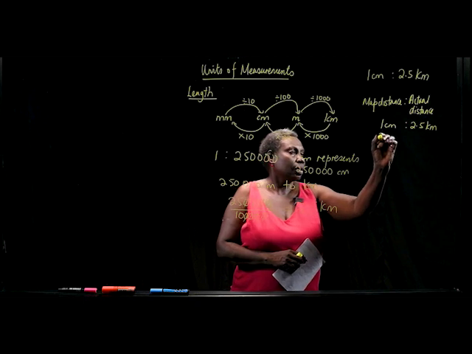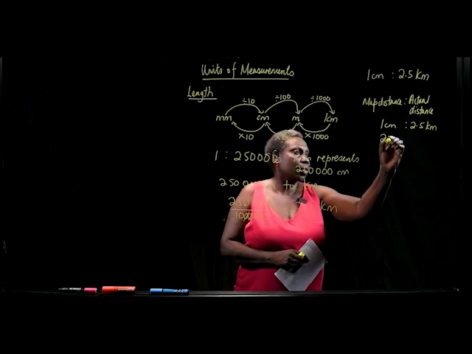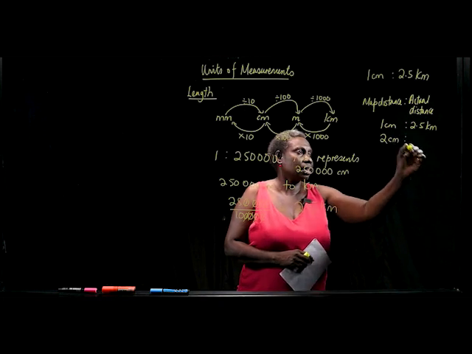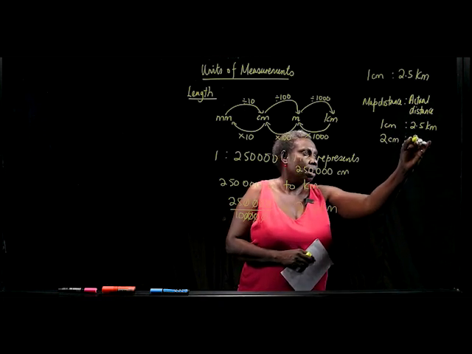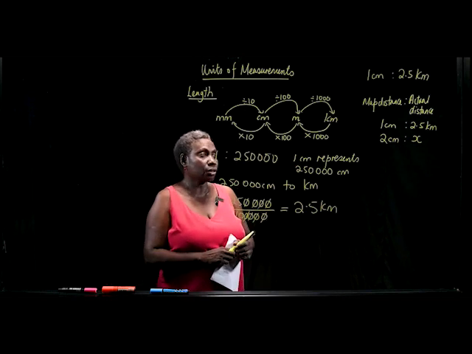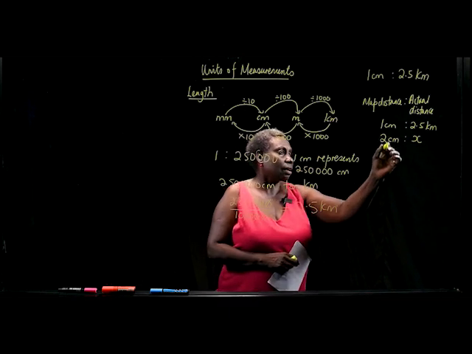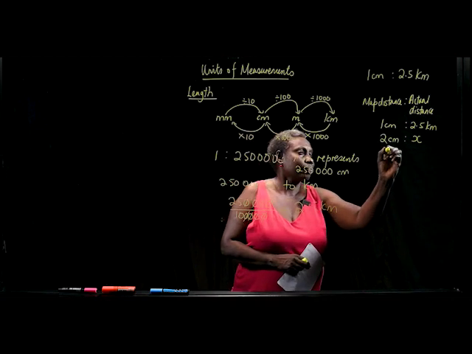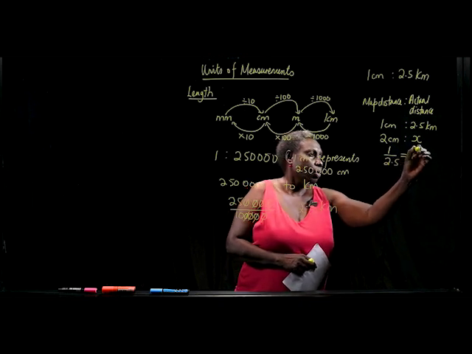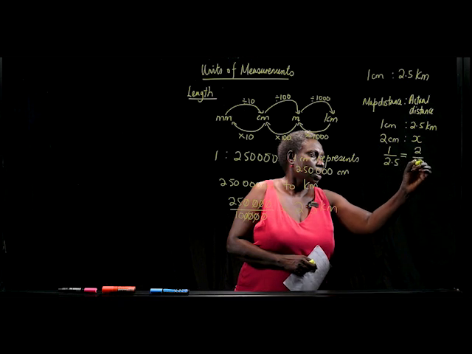And Peter measures the distance from where he is to the nearest fuel station to be 2 centimeters. We do not know what the actual distance is. Now we are going to write that as a fraction: 1 over 2.5 is equal to 2 over x.